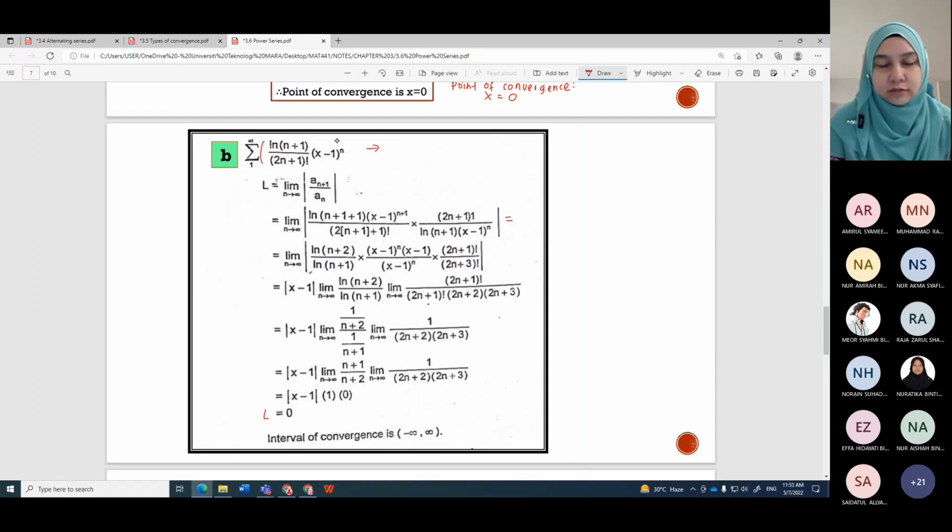Ini A n. So A n plus 1 is equal to ln n plus 1 plus 1. So ln n plus 2 over 2 n plus 1 plus 1 factorial. N plus 1.